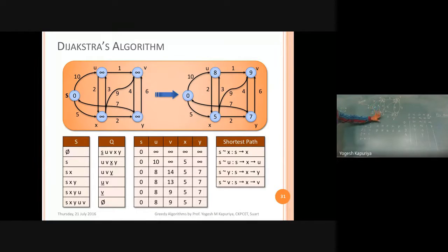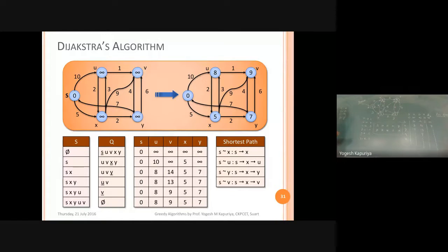But you are not supposed to check this because X is not in the Q. So it will be unchanged. So finally you will extract V, and because no other vertex is in Q, there will be no change. Clear?